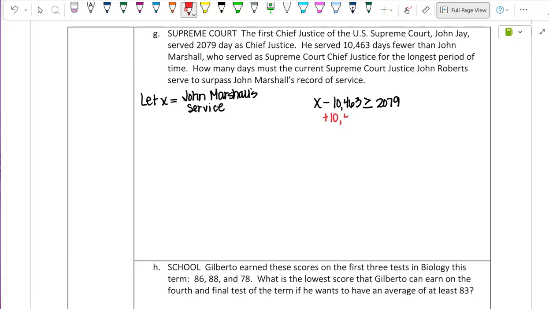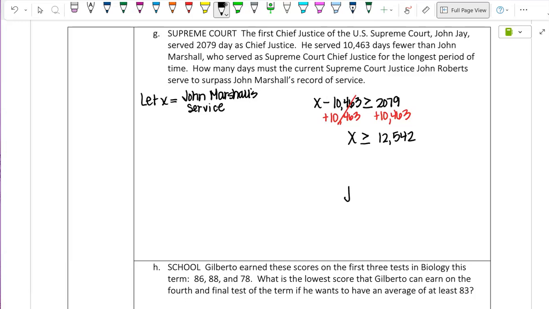I'm going to add 10,463 to both sides, which means that x has to be greater than or equal to, if I add 2,079 and 10,463, I get 12,542, which means the current Supreme Court Justice is going to have to serve at least 12,542 days to surpass John Marshall's record of service.